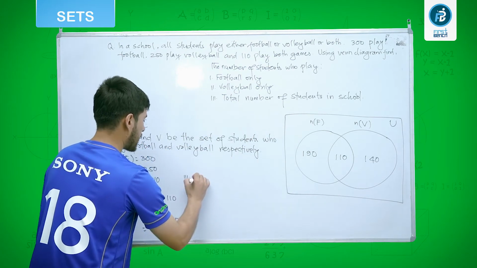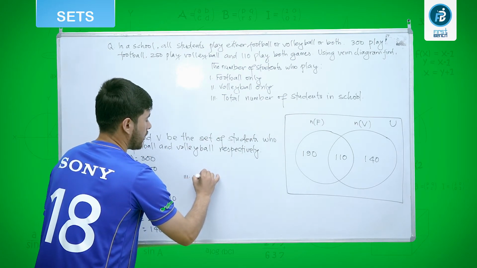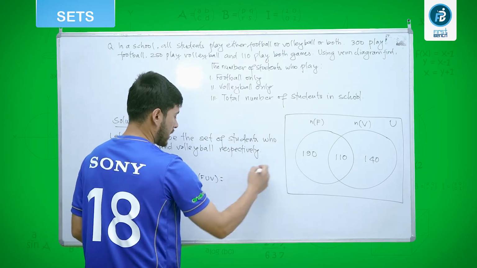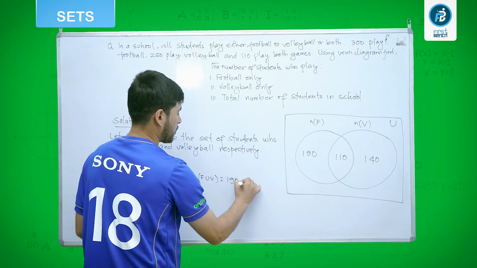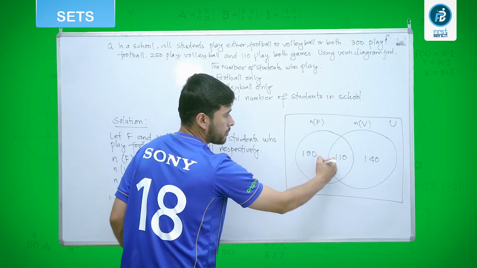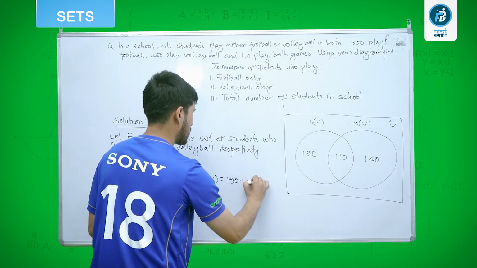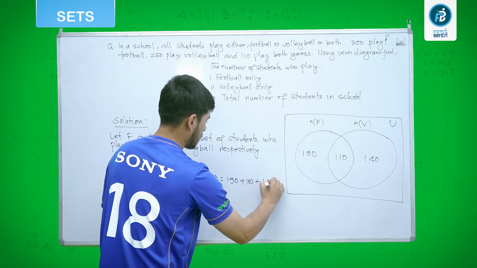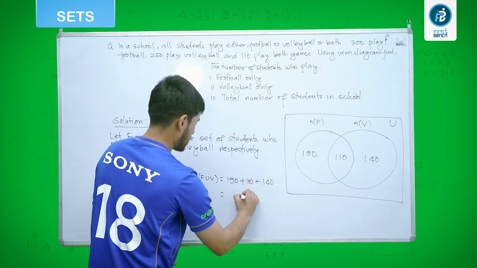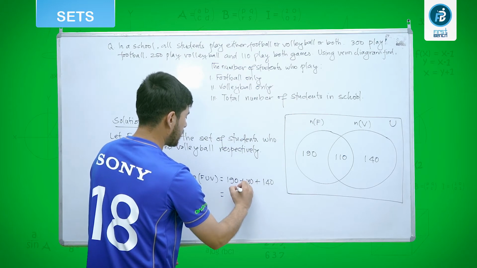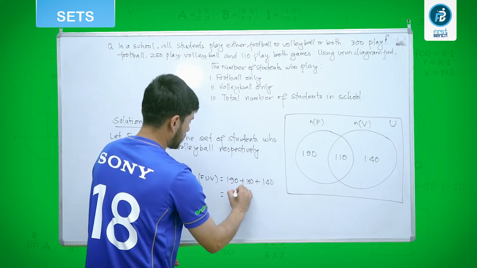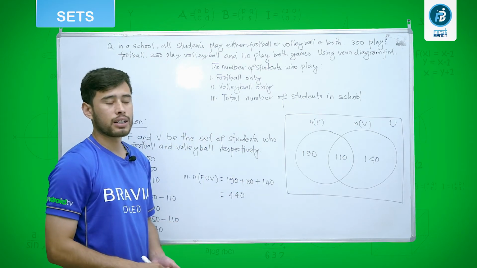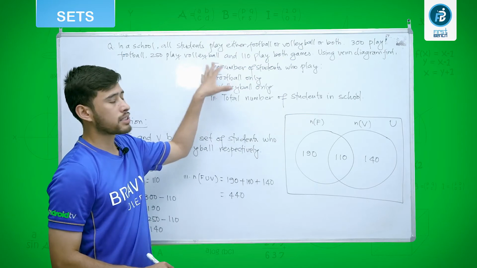Total number of students in the school, that is N of F union V, equals NOF, that is 190, plus N of F intersection V, that is 110, plus NOV, that is 140, equals 440. So 440 is the total number of students in this school.